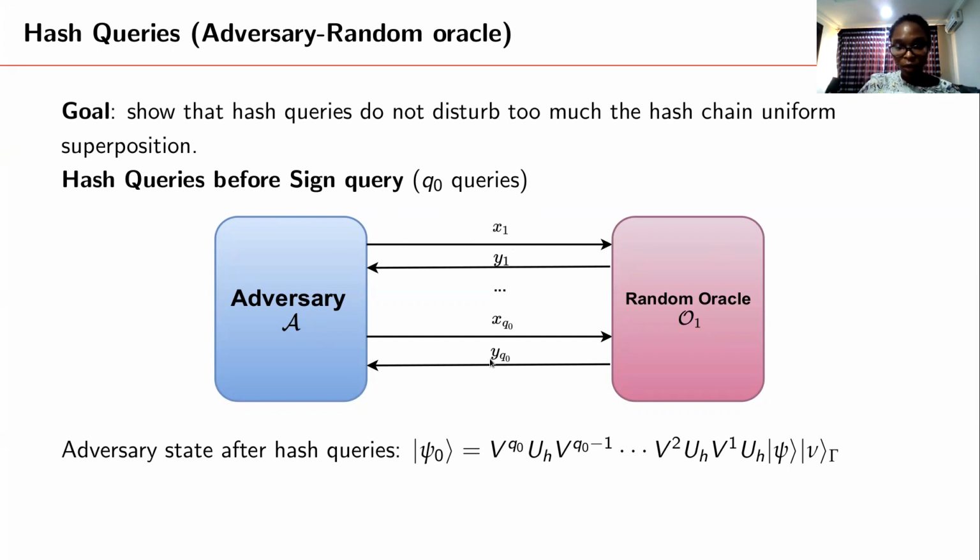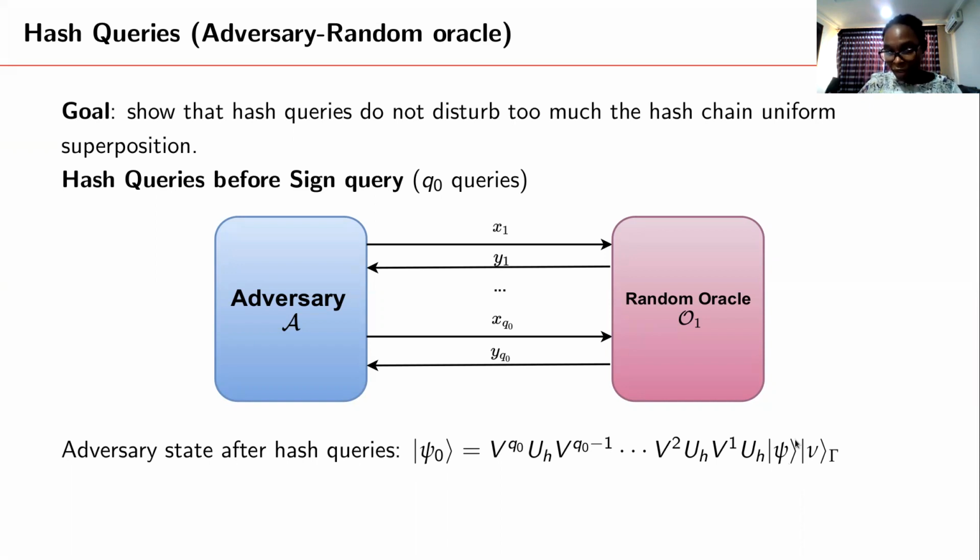It can do that a polynomial number of times, let's say Q0. Here is our adversary state after making Q0 hash queries. The adversary starts with the hash chain that is in uniform superposition as we defined above.